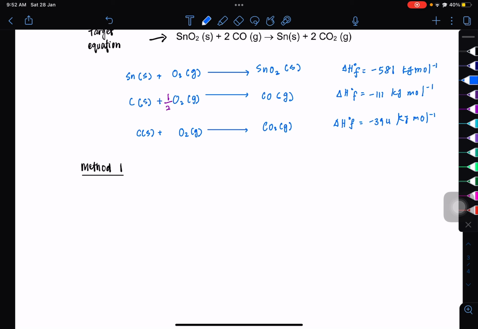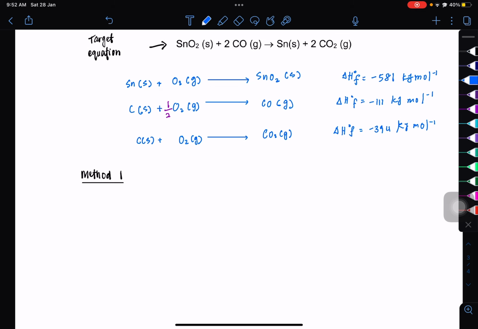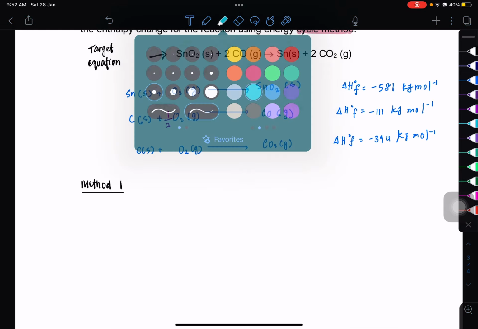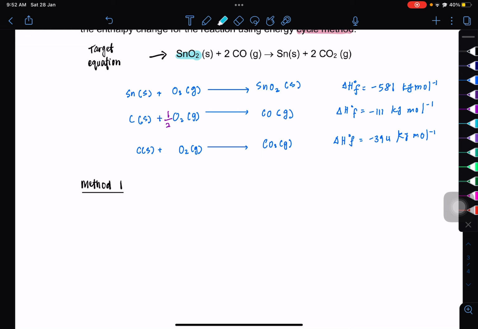How to use it: first you must look at the target equation, which contains stannum, carbon monoxide, Sn, and carbon dioxide.